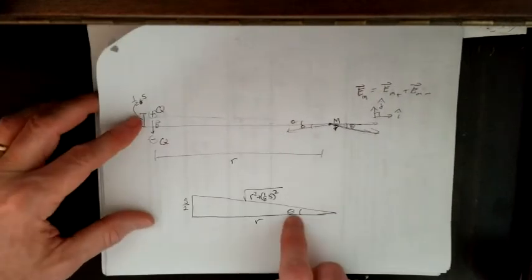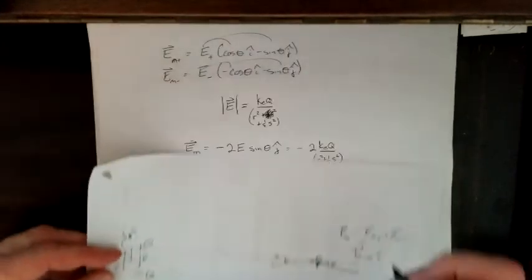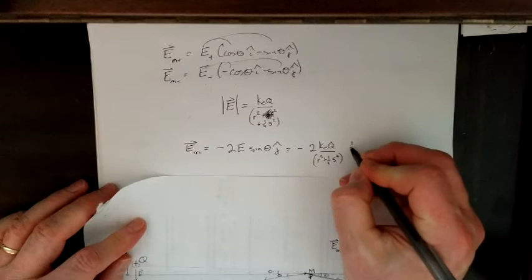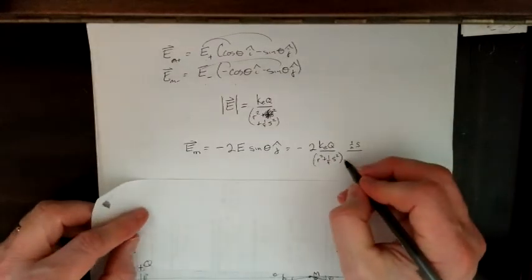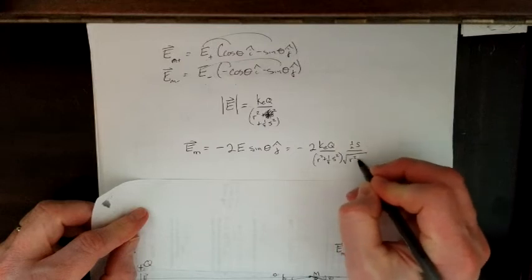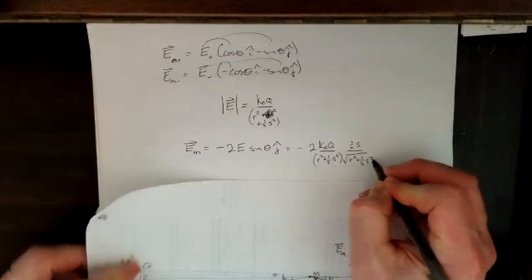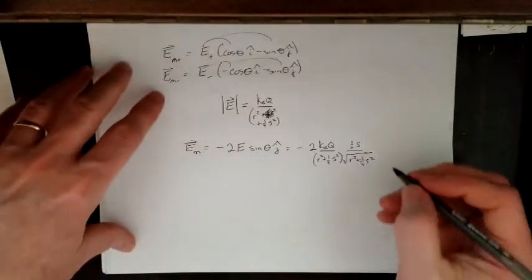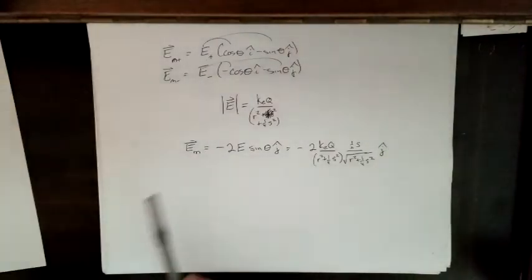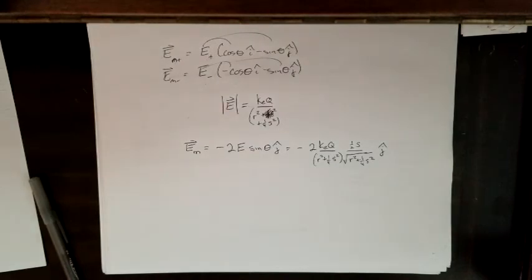Coming back to this chart over here, sine of theta will be opposite over the hypotenuse. So this becomes 1/2 s divided by that distance there, which is the square root of r squared plus 1/4 s squared, J hat. And now we have some canceling out that goes on.